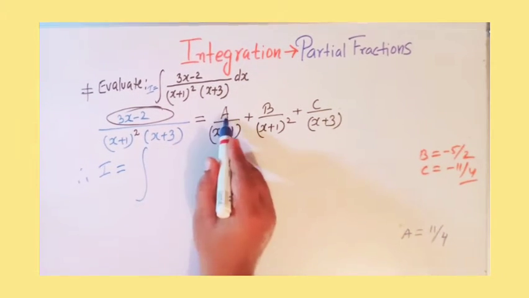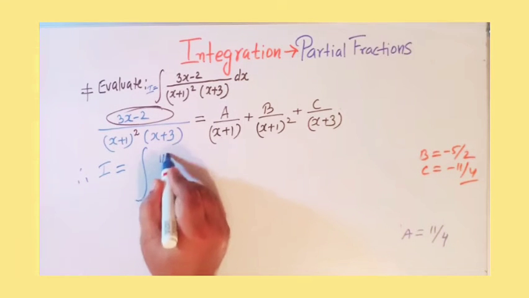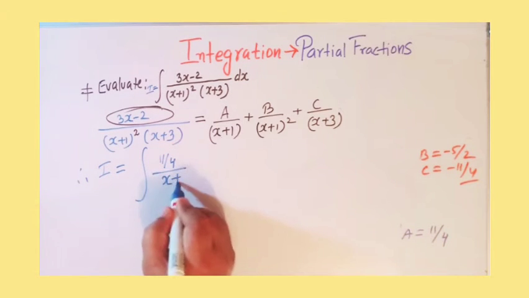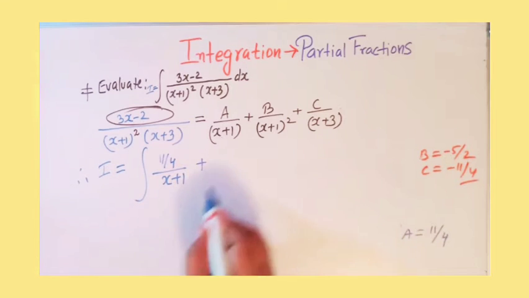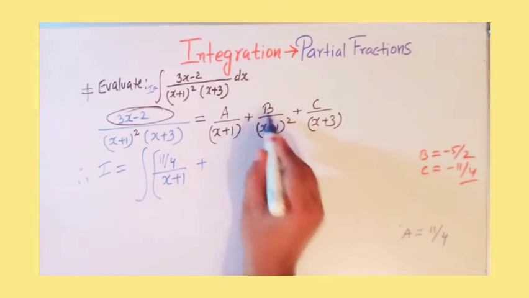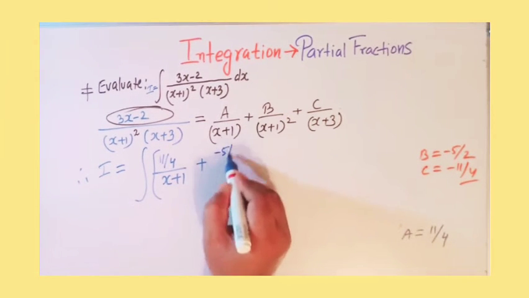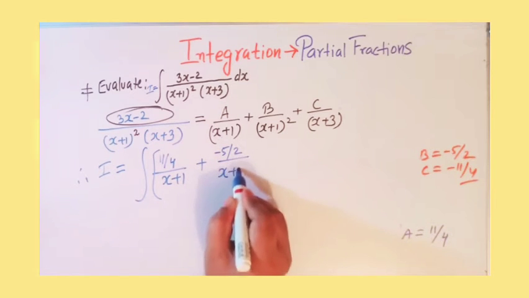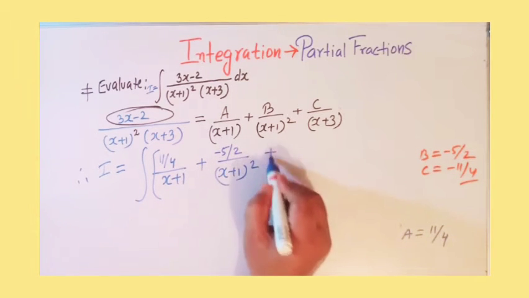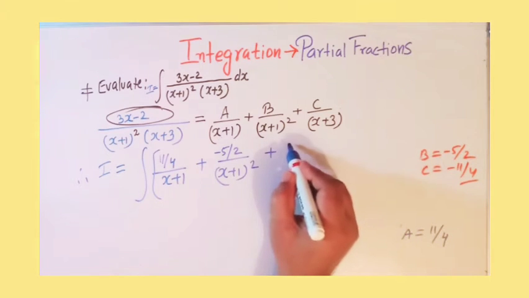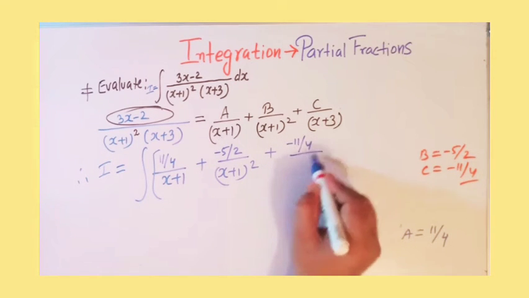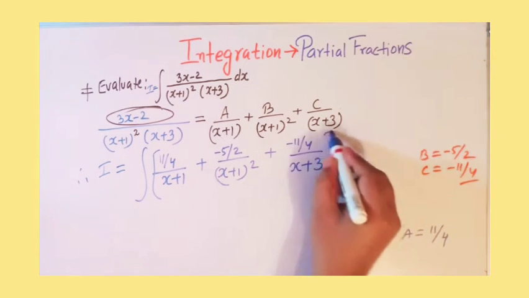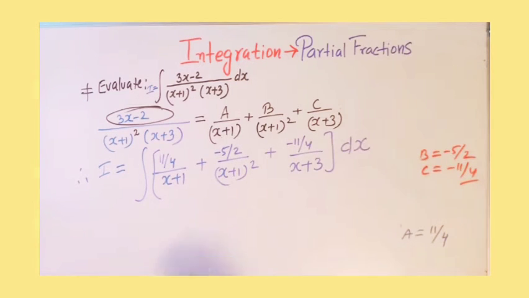So we have a, the value of a is 11 by 4, divided by x plus 1. Then we have b, which is minus 5 by 2, divided by (x plus 1) square, and then we have the value of c as minus 11 by 4, divided by x plus 3, and here we have dx.